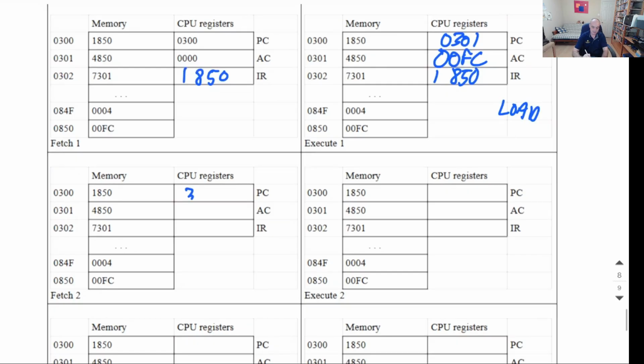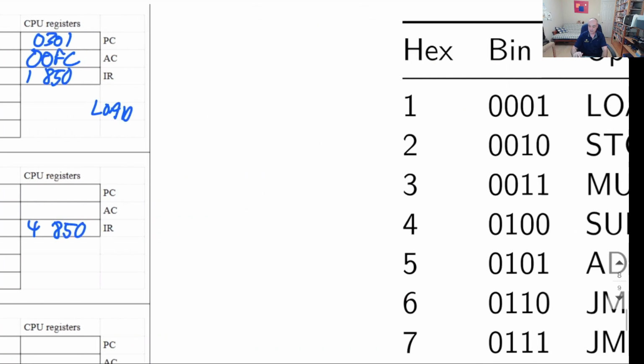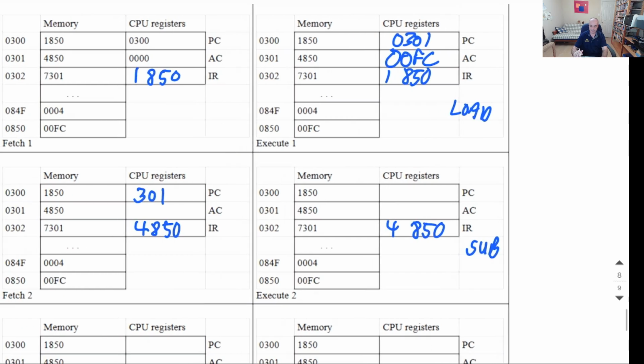So for our next fetch, we'll look at the contents of 301, copy that into the instruction register, and then for our next execute, we'll decode the instruction register for 850. A 4 decodes to a subtract. We currently have 00FC in the accumulator.